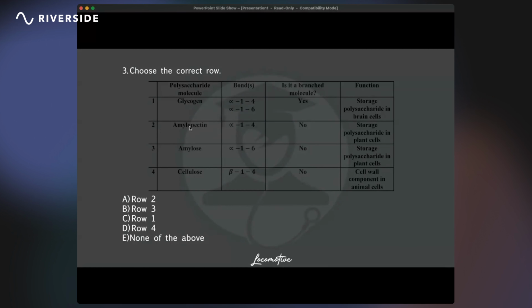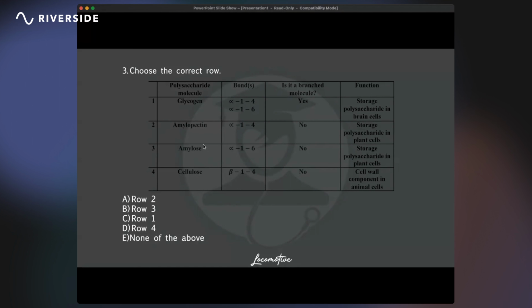Another polysaccharide, in the form of starch, is amylopectin. Amylopectin is a branched molecule, so this no is incorrect. It's a storage polysaccharide in plant cells. It's correct. But this no is incorrect. And the type of the bonds, alpha 1,4 and alpha 1,6.